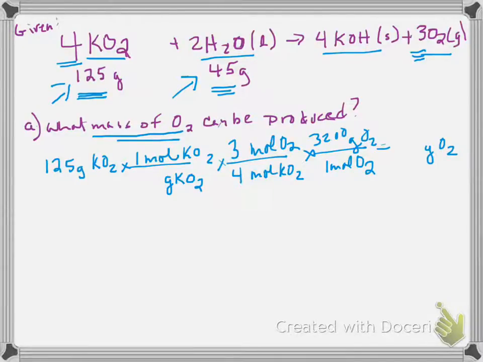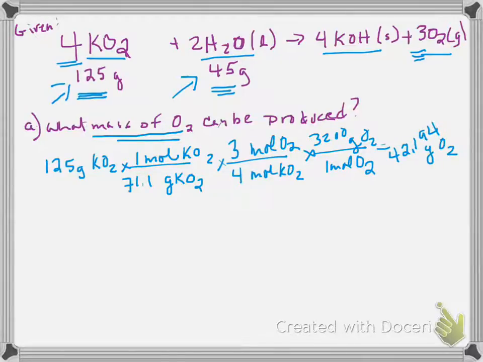Calculating a molar mass for the potassium superoxide, I get 71.1. So on my calculator, I would do 125 divided by 71.1 times 3 divided by 4 and then times 32. So I have that I will get 42.194 grams of oxygen.